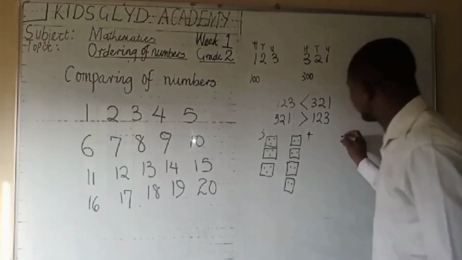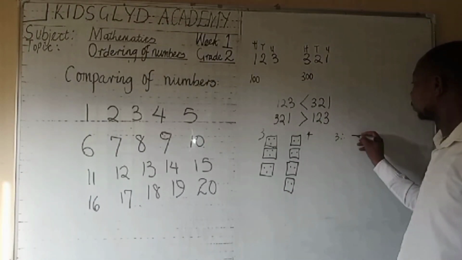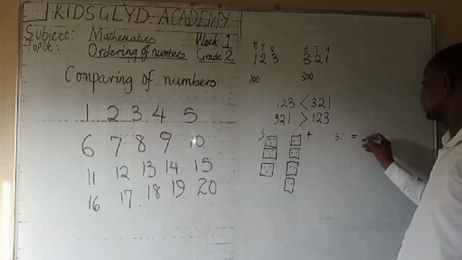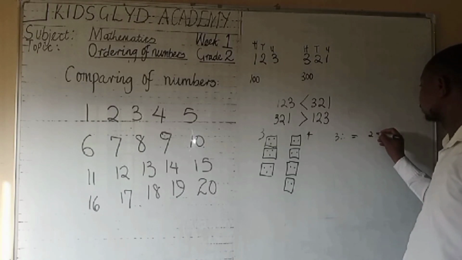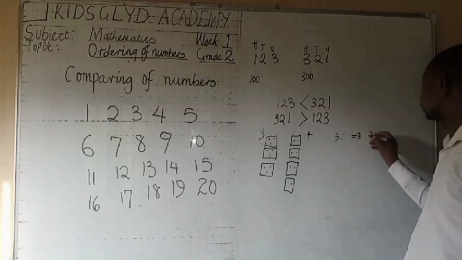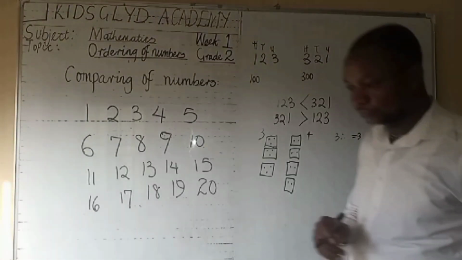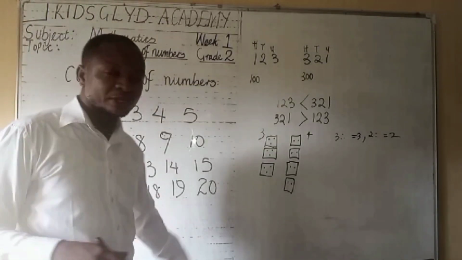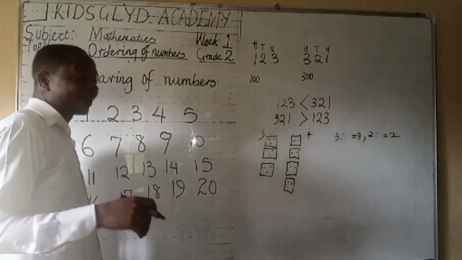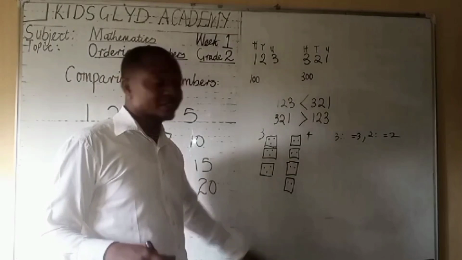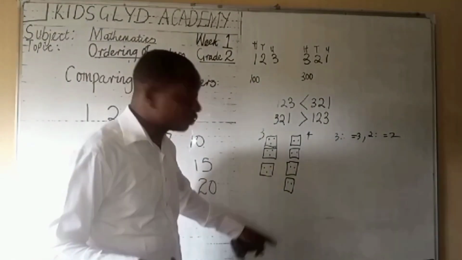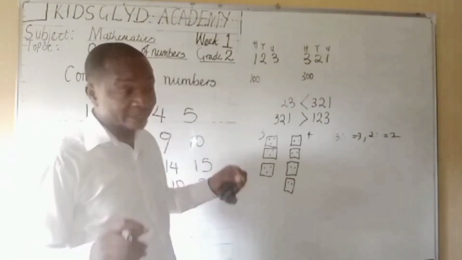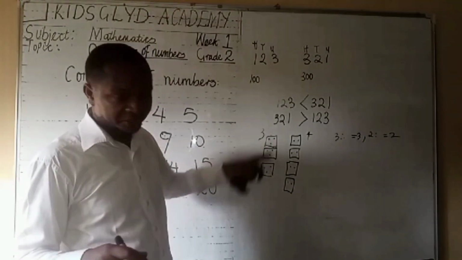So that means 3 dots equals 3, while 2 dots equals 2. That is what it means. So let's see which one is greater by counting the number of dots. The values of the boxes do not count. What matters is what is in it.